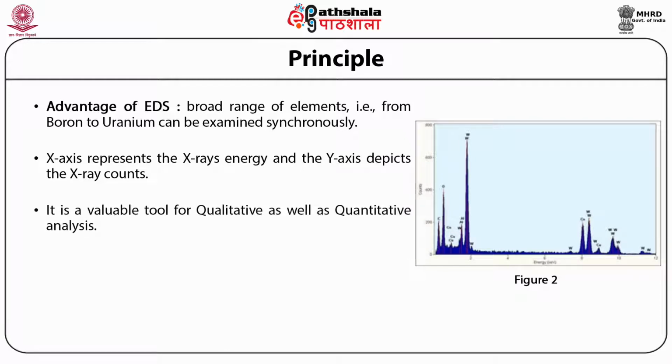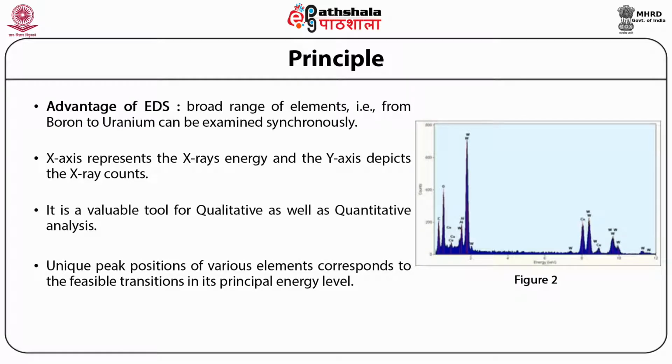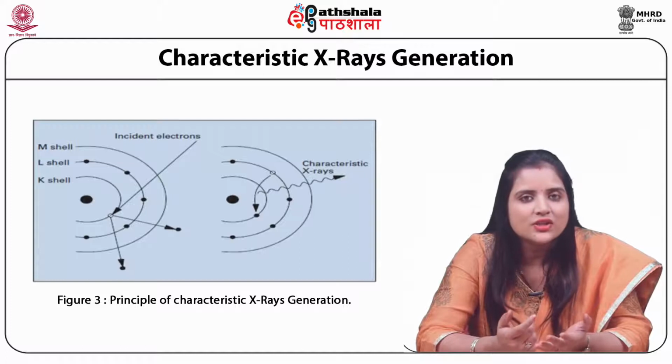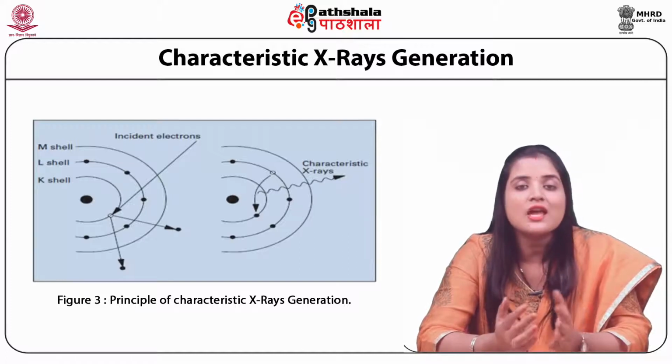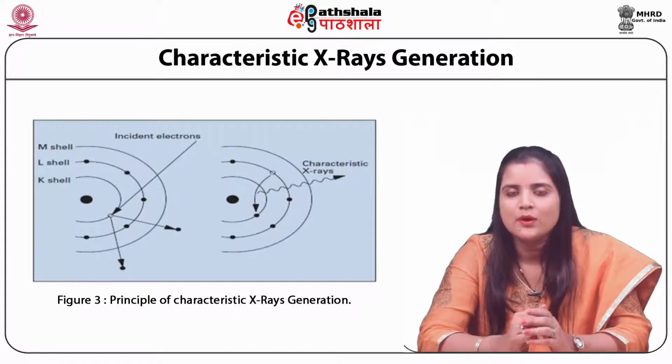It is a valuable tool for qualitative as well as quantitative analysis. The figure shows unique peak positions of various elements, which correspond to the feasible transitions in their principal energy levels. Let us now study the characteristic X-rays generation.